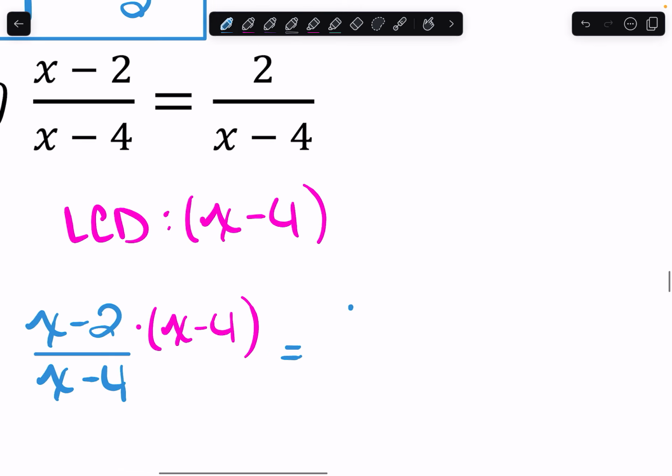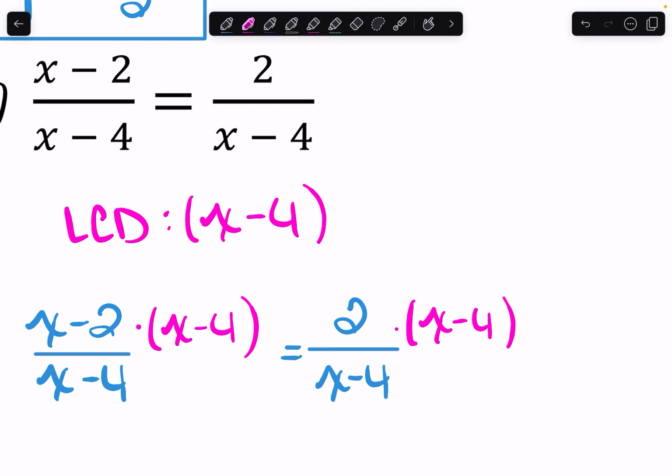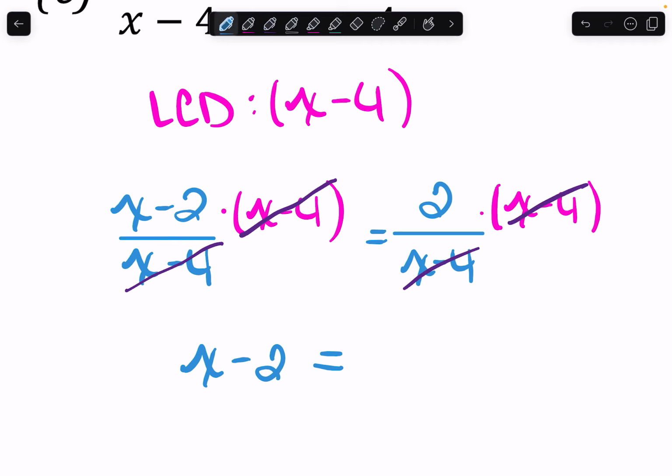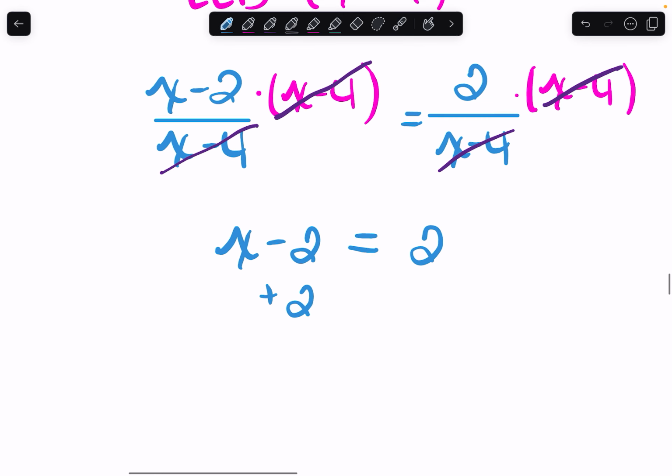Our second fraction, 2 over x minus 4, gets multiplied by the LCD as well. At this point, divide out common factors. The x minus 4 divides out with the x minus 4, so we're left with x minus 2. On the other side, the x minus 4s also divide out, and we are left with 2. Add 2. We get x equals 4.